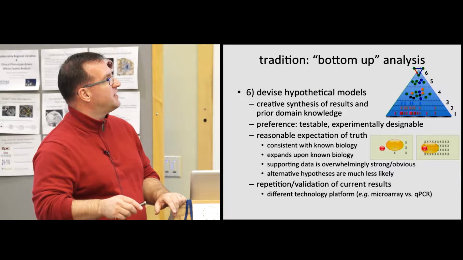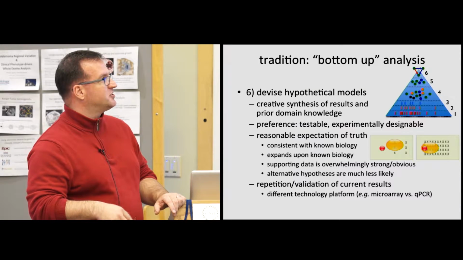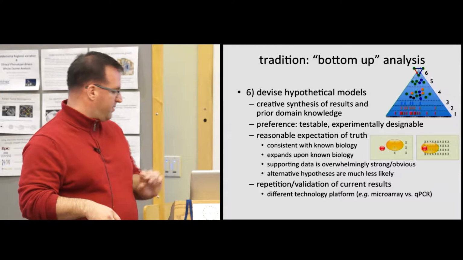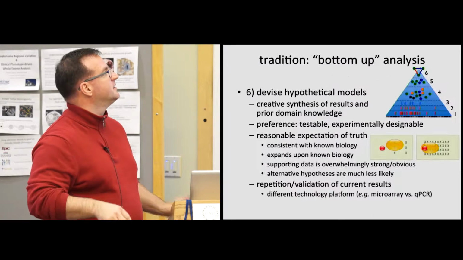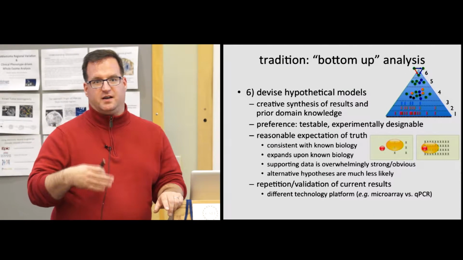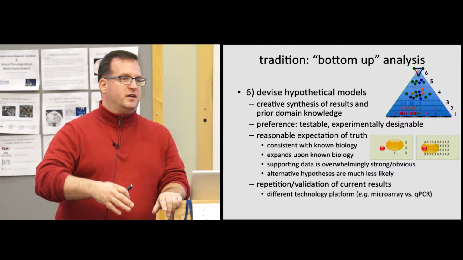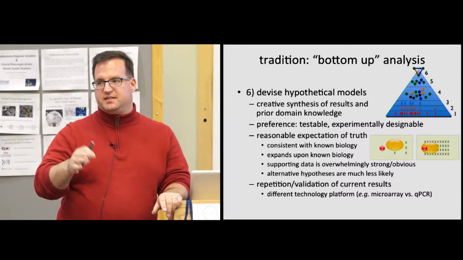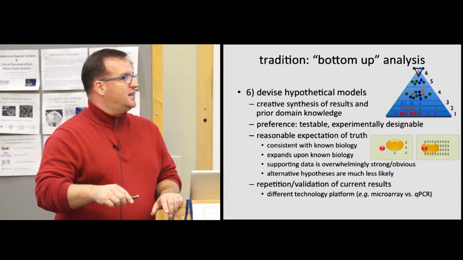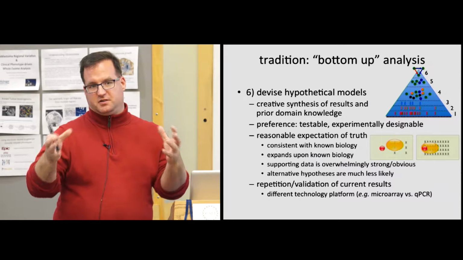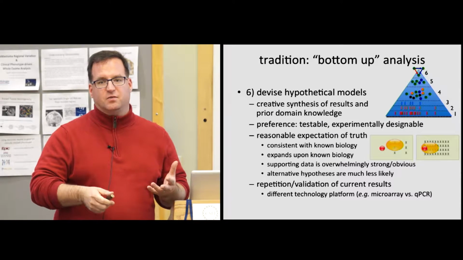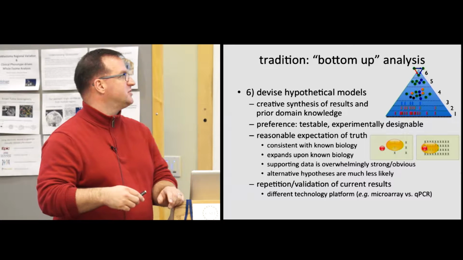So because of the reductionist scientific method, we have a preference for certain kinds of hypotheses that are not this. Okay? And we have some reasonable expectation of truth. This is the bar: you can have novel hypotheses that are wild, and that's fine, but the expectation of the community, not just the funding community, but your colleagues and your students, is that this isn't some wild goose chase, that there's some reasonable expectation of these things.